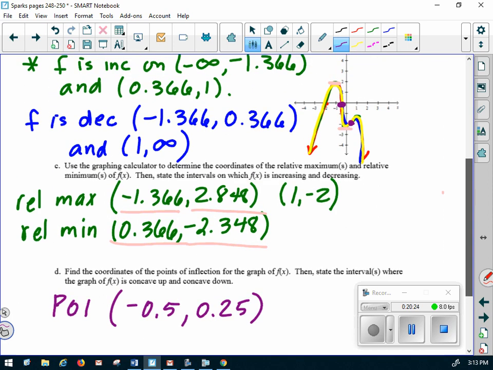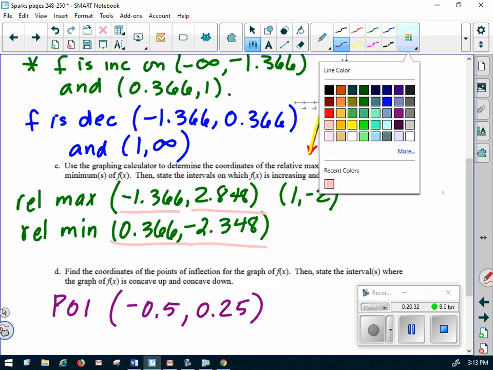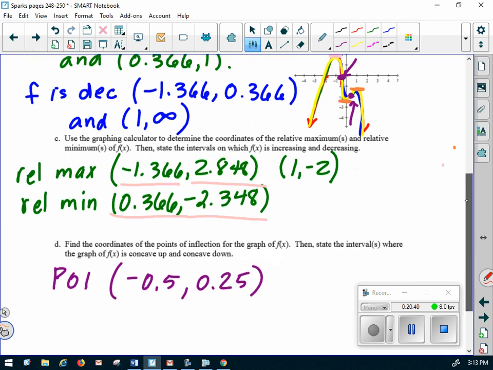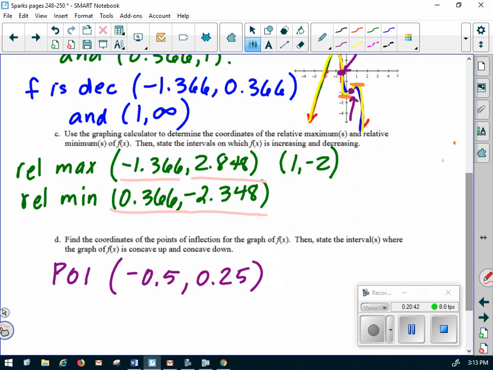Now let's look at that other point of inflection. So we found this one. Now let's go find this one, maybe in orange, between this relative minimum and this relative maximum.